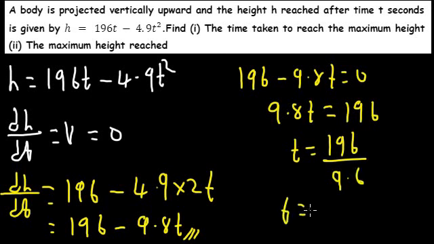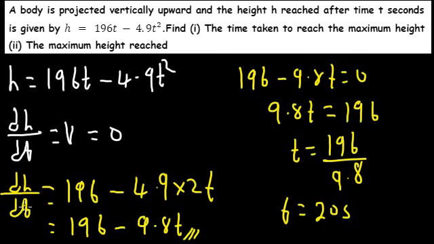So the division of that, what would that result in? Notice that t will be equal to 20 seconds. Perfect. And that is the time taken for the particle to reach the maximum height.